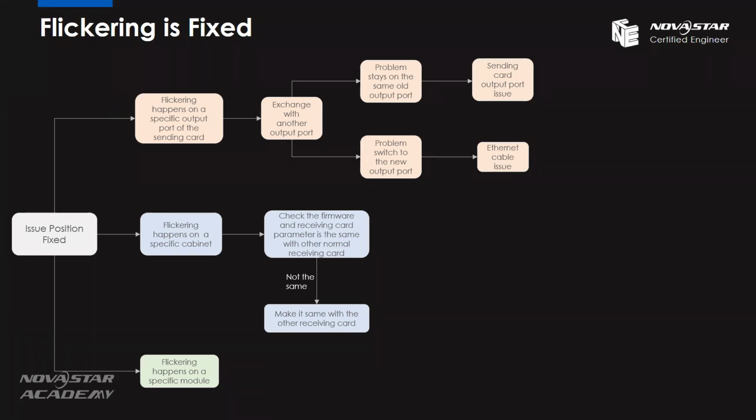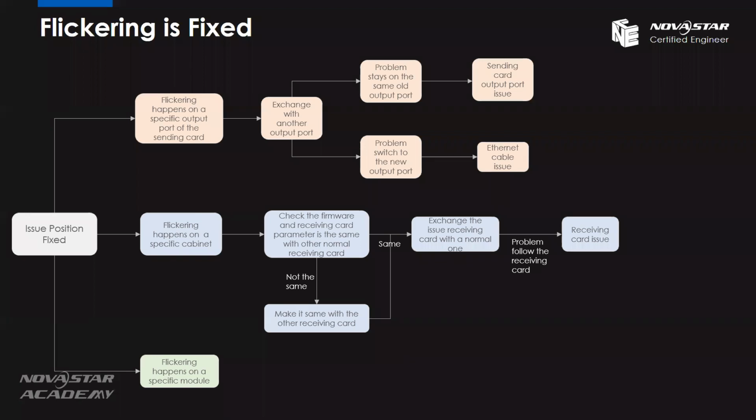If it's still flickering, we can do the same thing as when we troubleshoot the output ports of the sending card: we exchange the receiving card. This cabinet is flickering, so I can unplug its receiving card and exchange it with a normal one. If the problem follows the receiving card to the new cabinet, we can locate that it is a receiving card issue.